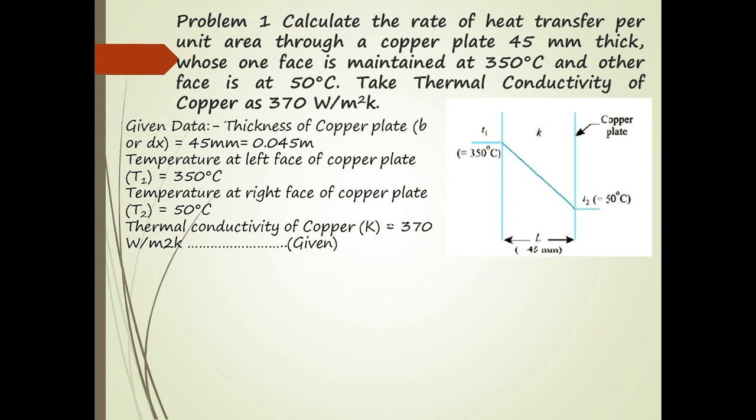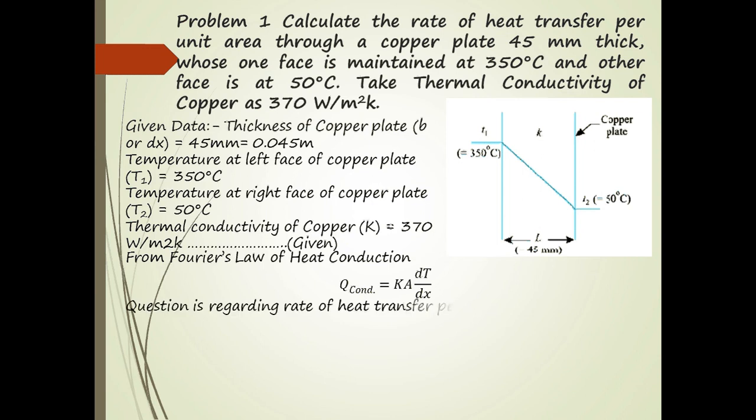Now remember, here area is not given, but heat transfer has to be calculated per unit area, means automatically area is 1 meter square. So from Fourier's law of heat conduction, we can write Q conduction is equal to KA dT upon dx. Question is regarding rate of heat transfer per unit area.